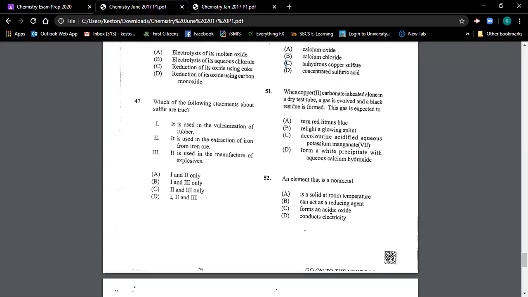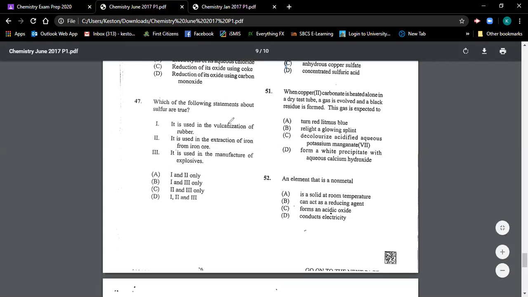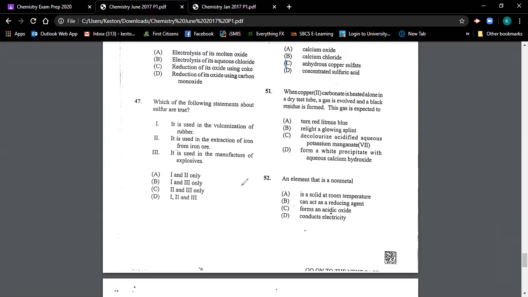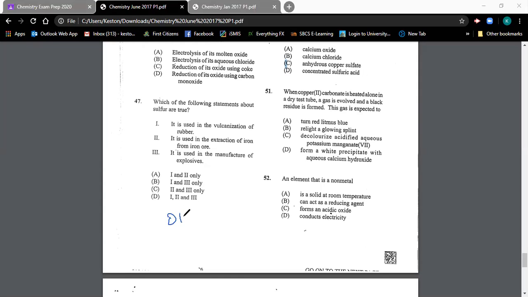So think about it like this. A non-metal would not be in group 1, 2, and 3. Group 1, 2, and 3 metals lose electrons, and loss of electrons is associated with oxidation.